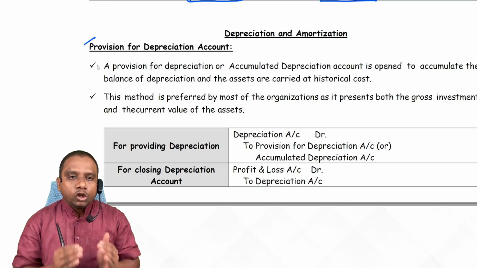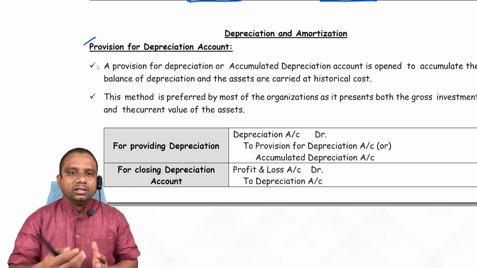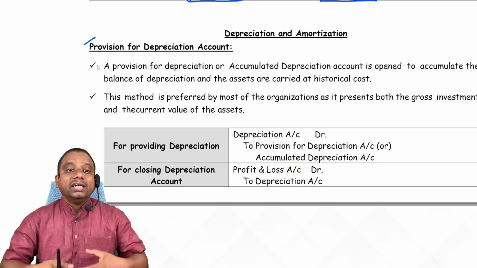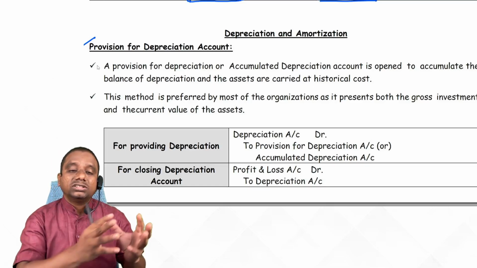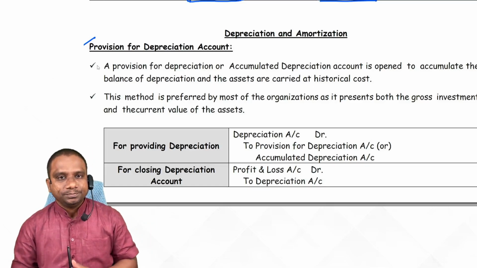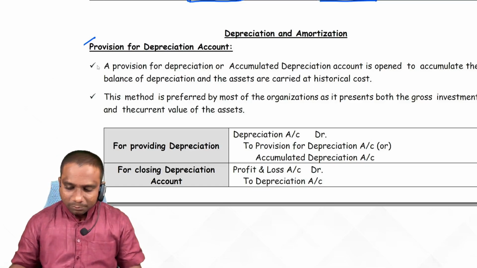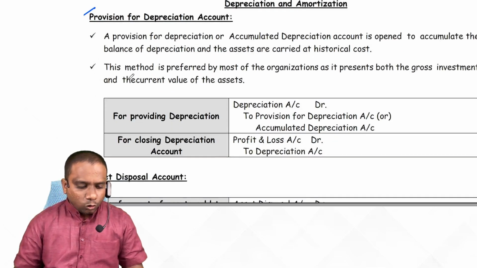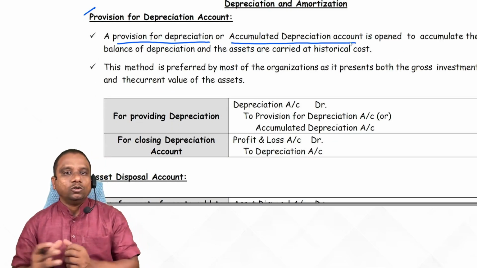Over a period of time we provide depreciation on the asset, so the accumulated depreciation amount we show separately in an account. That is nothing but provision for depreciation. Observe carefully. So here we open a provision for depreciation account or accumulated depreciation account, students.